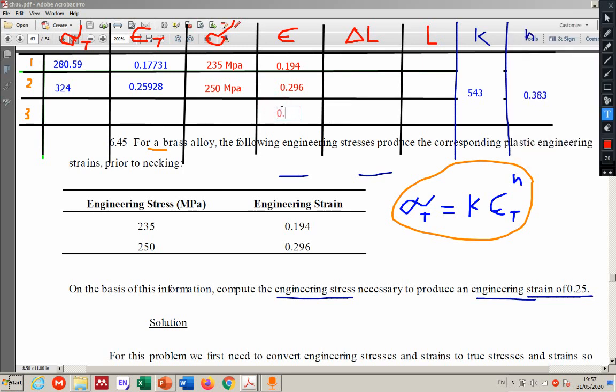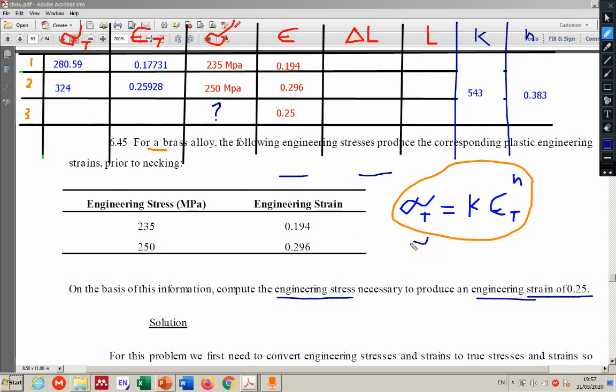0.25 engineering strain is given. What is required? It requires us to find an engineering stress. I don't have a relation between these unless I have the values here. Now, if I had a true stress, I would find engineering stress easily, because we know the relation between those.